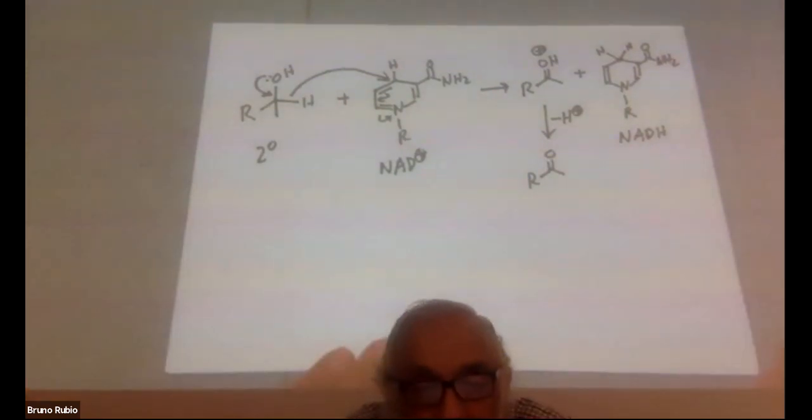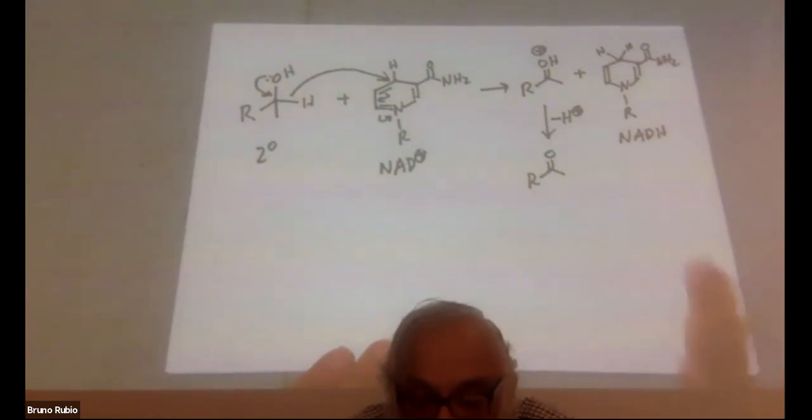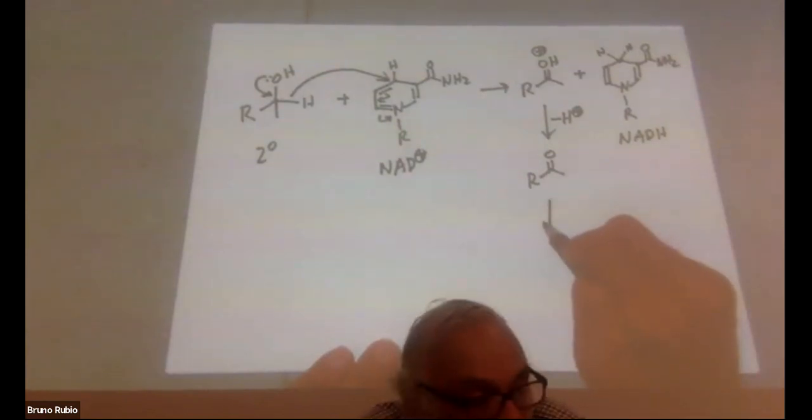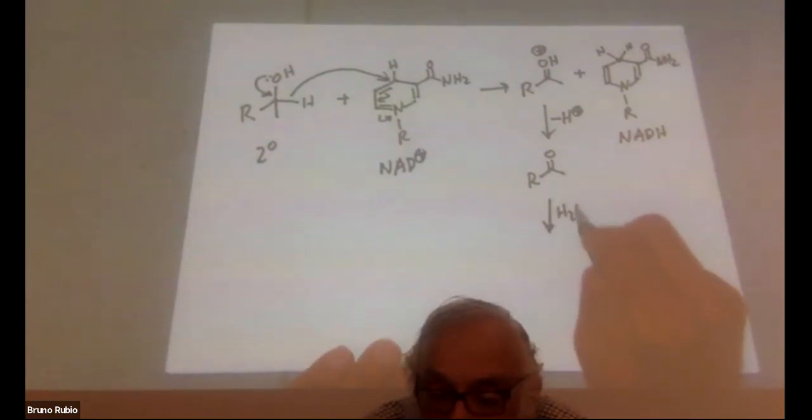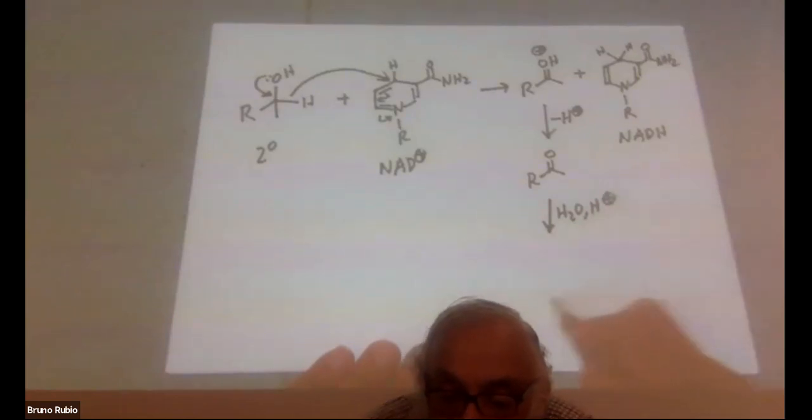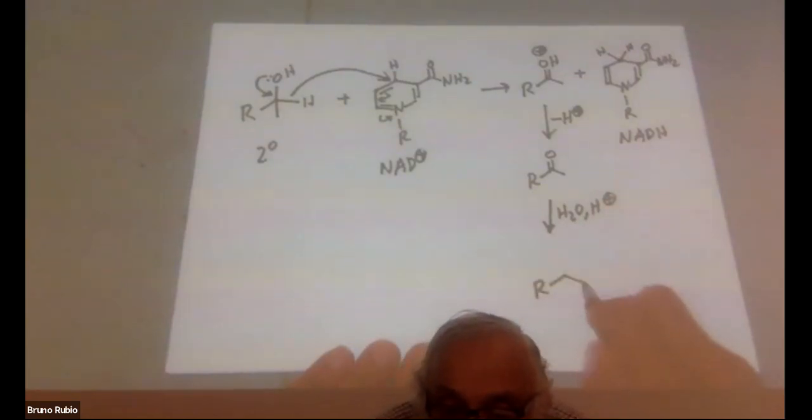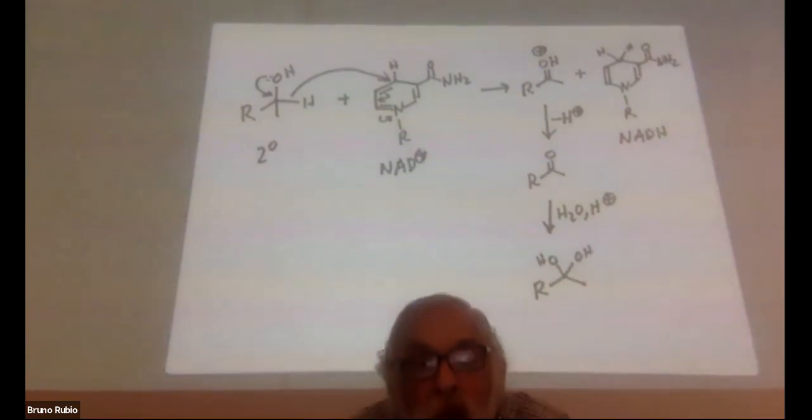And once again, just like we saw with the Jones reagent with a secondary alcohol, this guy can react with acid and water to form this special kind of alcohol. But once again, there is no hydrogen left on that carbon atom bonded to the OH group. So a secondary alcohol stops at the ketone stage.